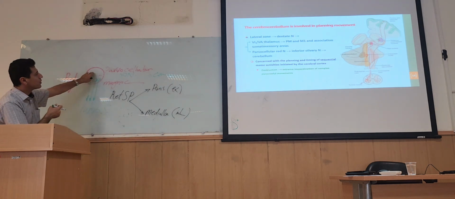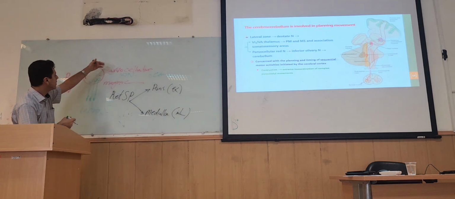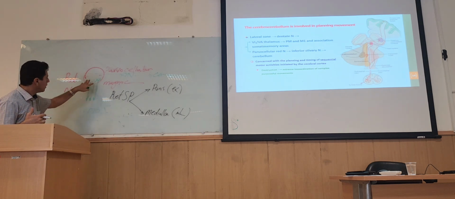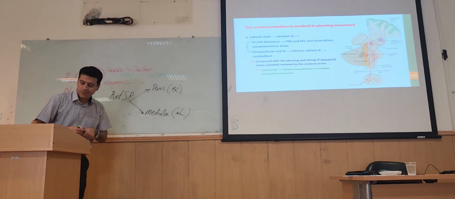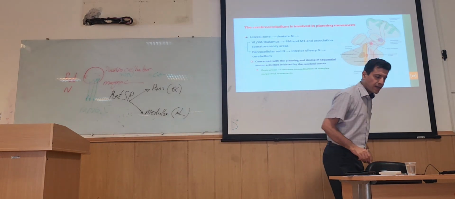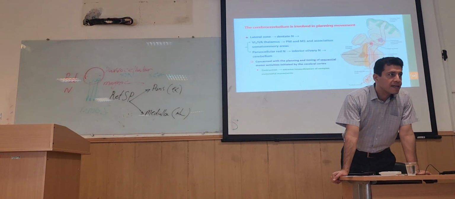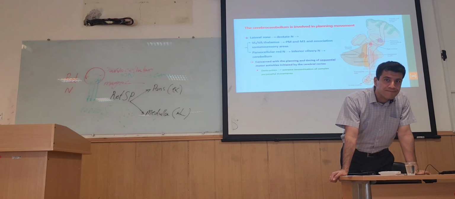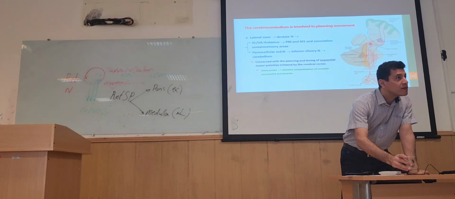So the parvocellular part is important for motor learning. The rubrospinal tract is for controlling the distal part of the limbs, right? Is anything unclear? Okay. Easy and simple, easy peasy.